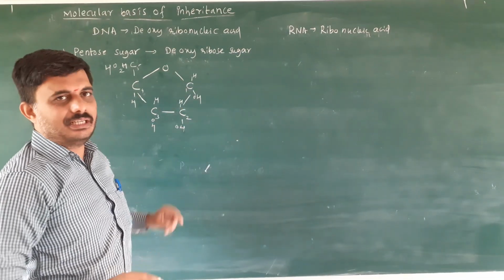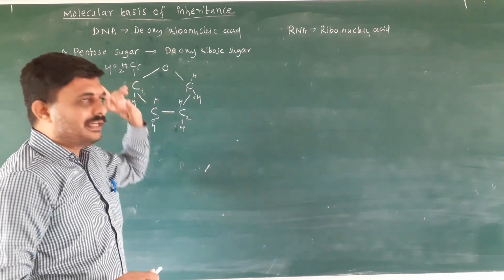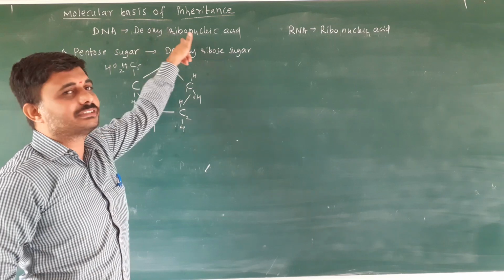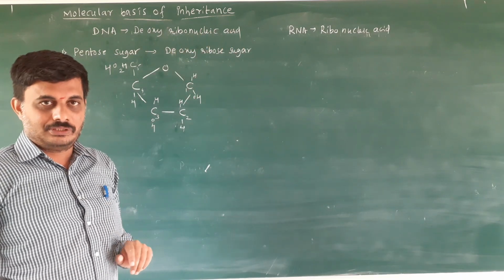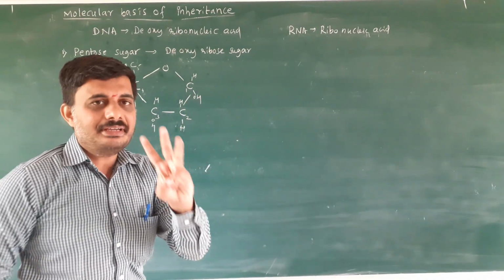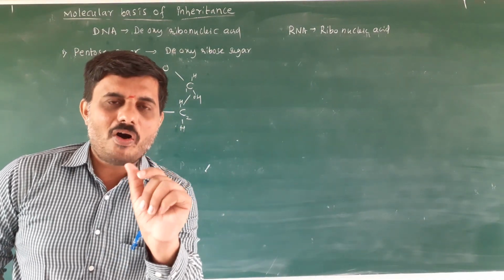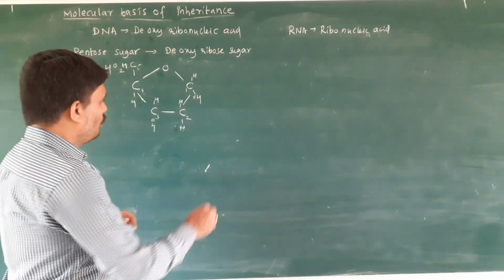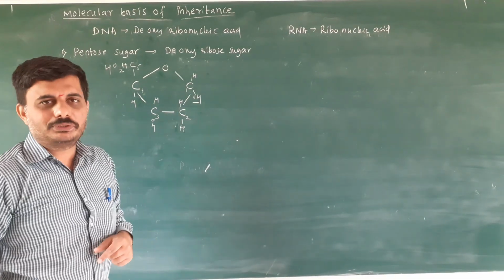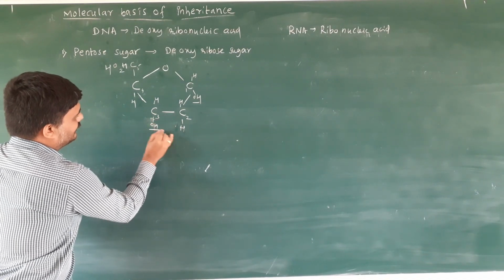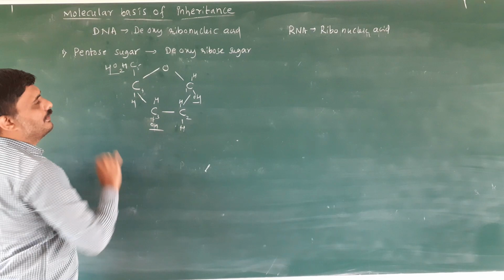But in case of DNA, this oxygen atom is absent. Thus, it is called deoxyribose sugar. So DNA has 3 reactive oxygen positions on the pentose sugar: one at the C1 position, second at the C3 position, third at the C5 position.